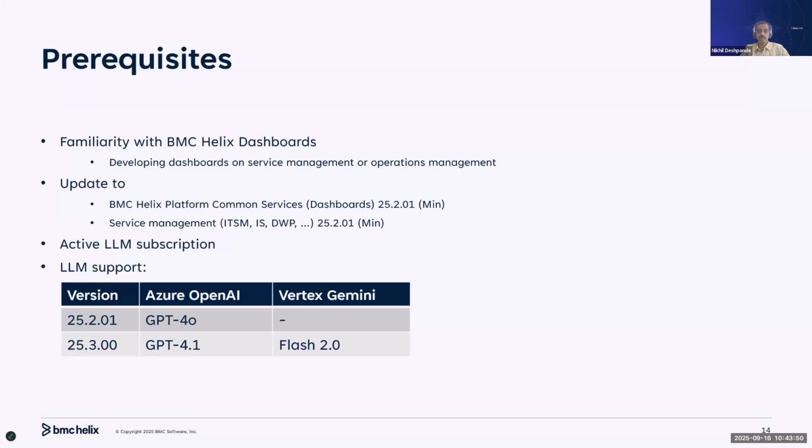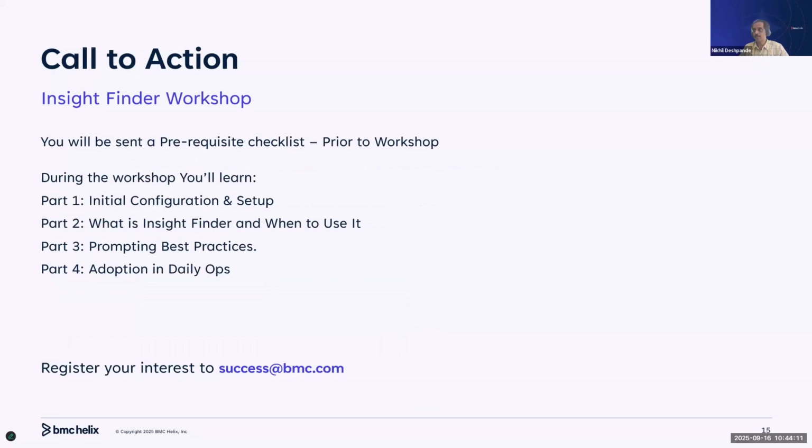You bring your own model. So as soon as you have one of these two models, either OpenAI or Gemini, you can reach out to your account team. If you have a customer success manager, reach out to them or reach out to that email address. Can you go to the next slide where they can contact success at, what was that email? BMC.com. Yes.